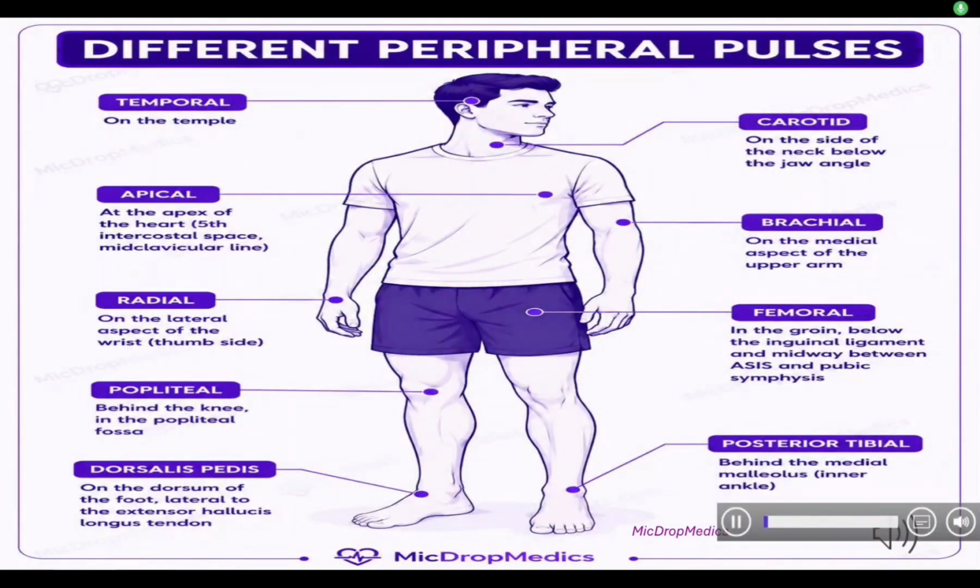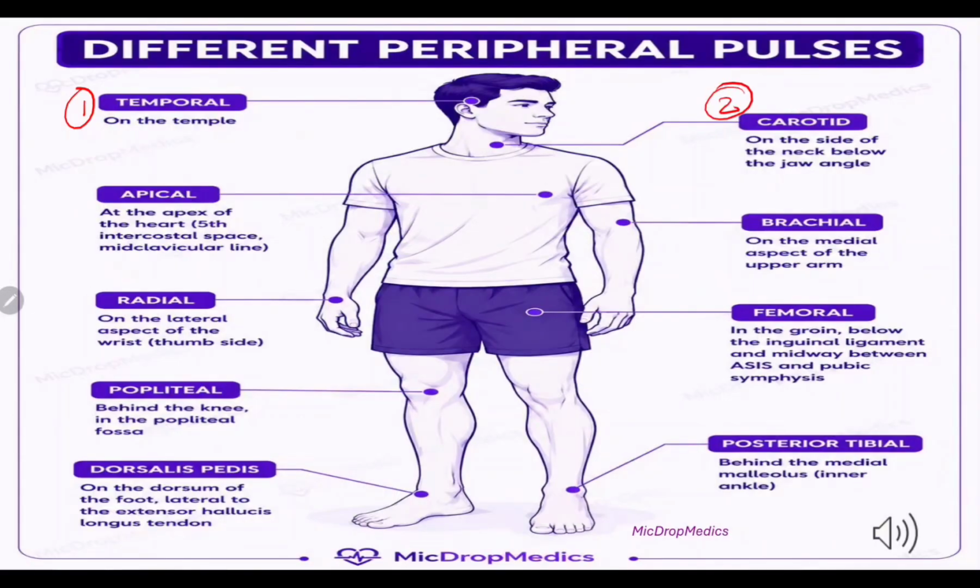As part of a comprehensive cardiovascular exam, you cannot stop at the radial artery. You must check all the major peripheral pulses. Firstly, you have the temporal pulse, feel it on the temple, then the carotid pulse on the side of the neck just below the jaw angle, the apical pulse on the fifth intercostal space in the mid-clavicular line. Then you have the brachial pulse on the medial aspect of the upper arm.